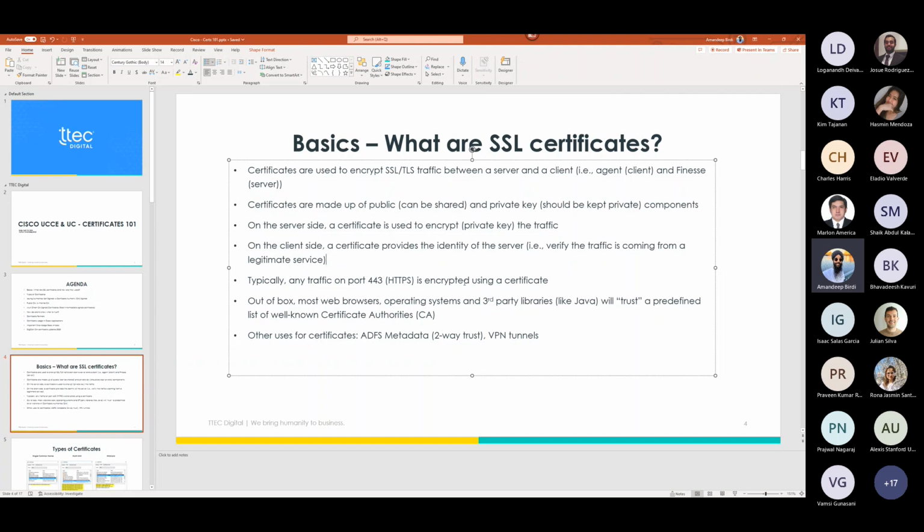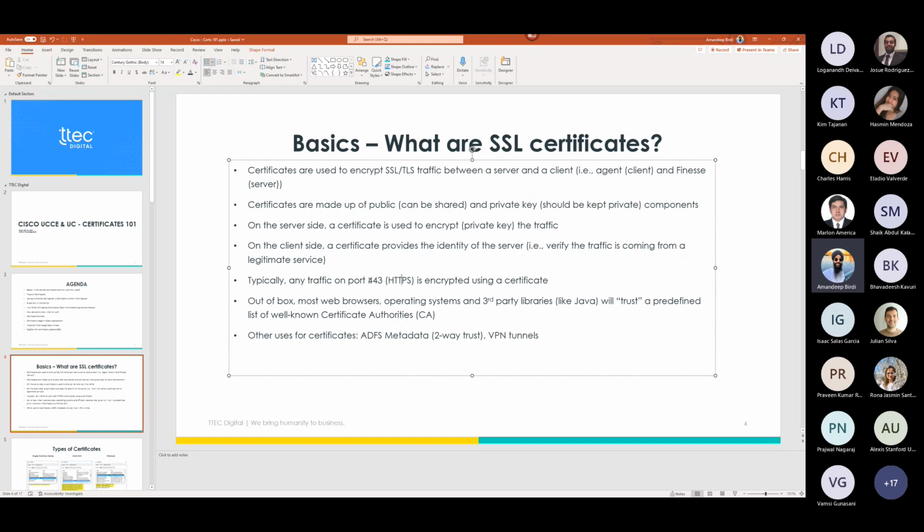And typically, when we talk about certs, we're talking about HTTPS, but that's not the only use for certs, right? Any traffic that goes on HTTPS on port 443 is going to use a certificate to encrypt the traffic. But we know from working on Cisco every day that there are a lot of applications on non-443 ports, like Finesse, for example.